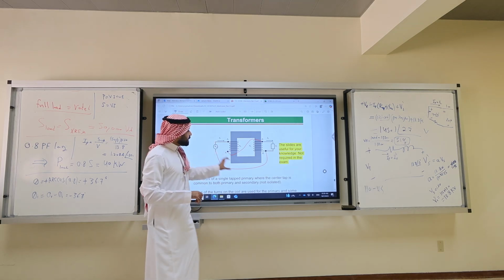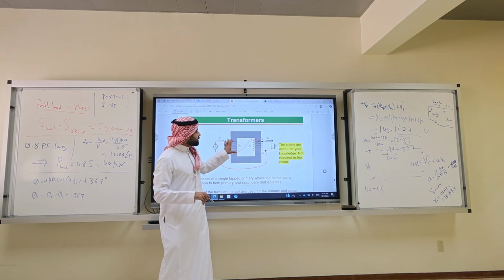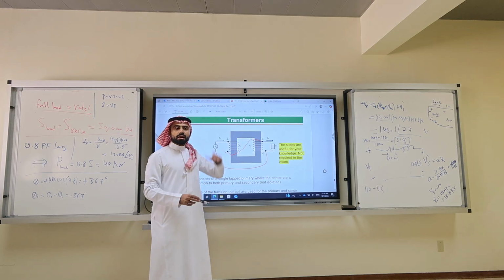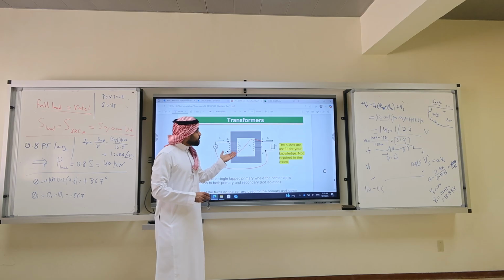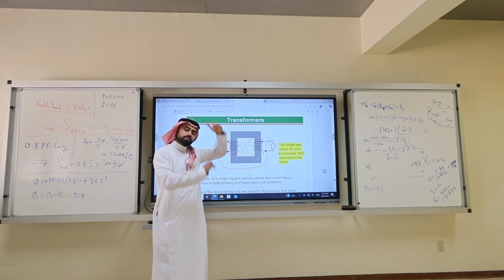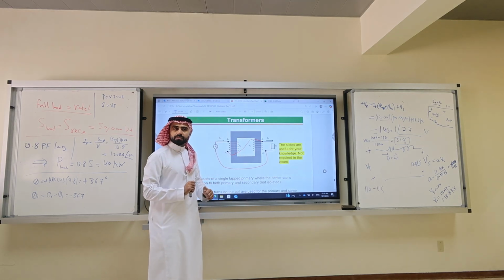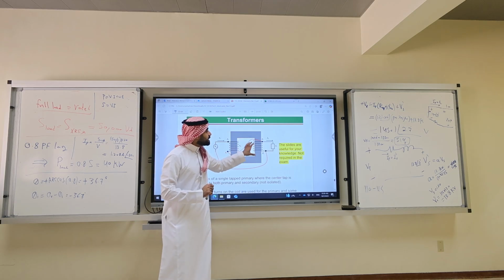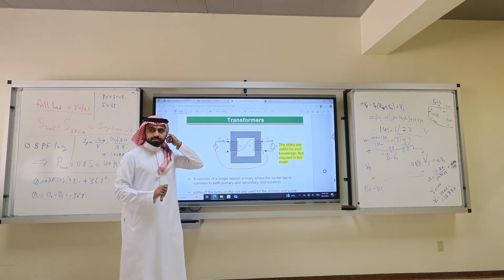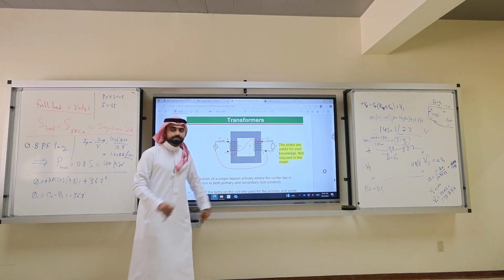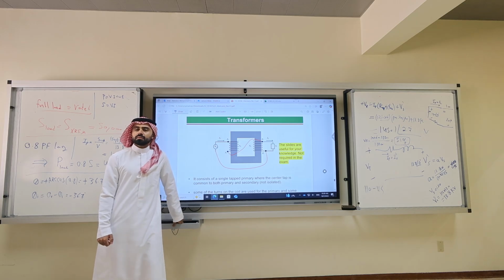When I apply VP, I get NS plus NP. This is a trick. I'm using the secondary coils to count in my primary. But in the secondary side, it's the same. It is NP, NS. So what will happen? It will step down more.